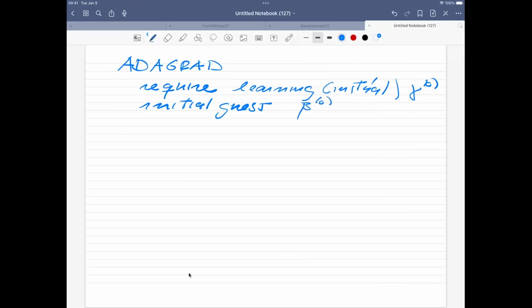You also need to set a constant, which we call delta, which is normally small, 10 to the minus 8, 10 to the minus 6, added for numerical stability in case you have divisions by 0.